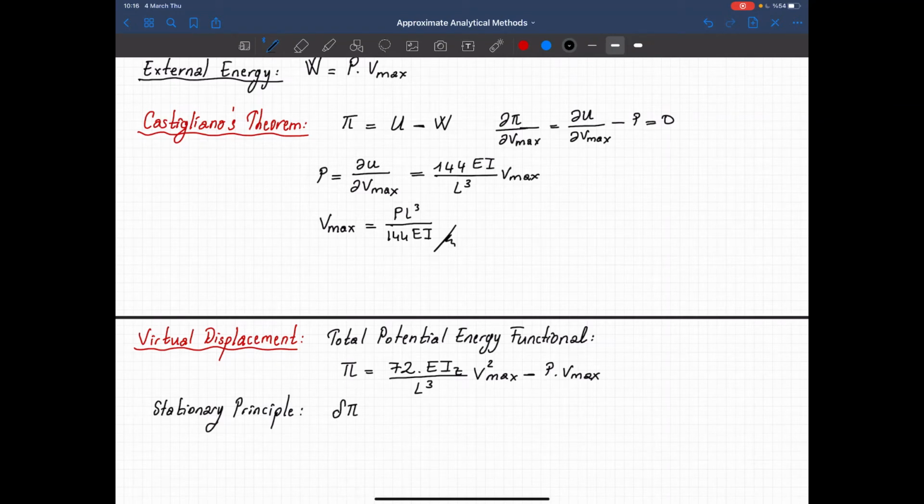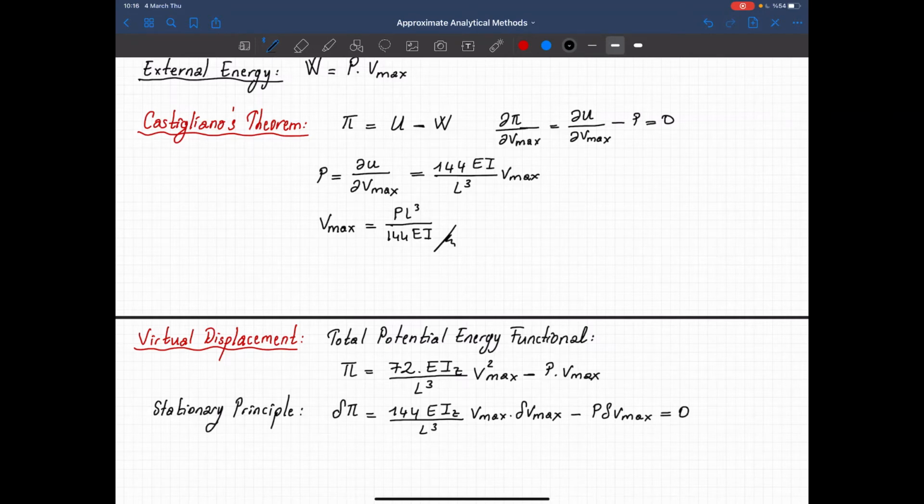The first variation will be equal to 144 EI over L cubed Vmax multiplied by the variation in the displacement minus P times variation in the displacement, and that should be equal to 0.